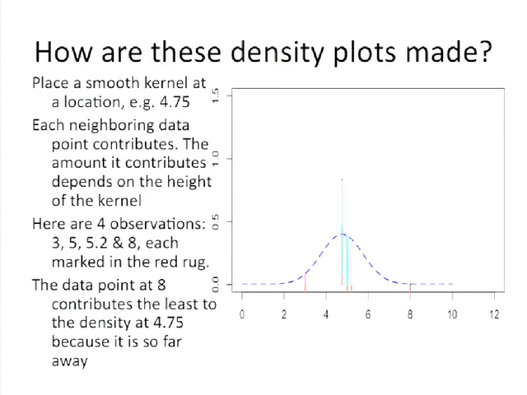The closer they are, the more I'm using them to come up with my estimate. The observation way out here at 8 is really far from 4.75, so I'm basically not using that to come up with my estimate at 4.75. I'm essentially taking the height of the kernel at each of these observations and stacking them on top of each other.